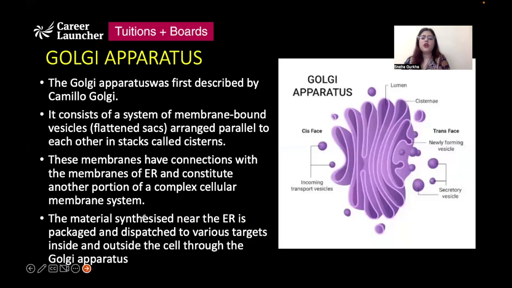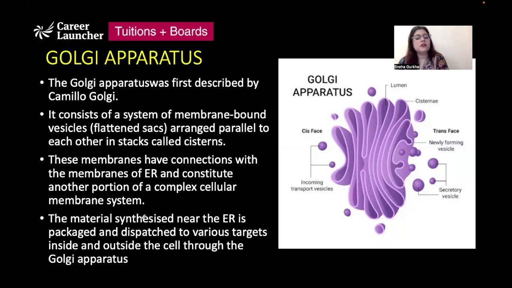Another cell organelle that works in very close association with the endoplasmic reticulum is the Golgi apparatus. Golgi apparatus was first discovered by the scientist Camillo Golgi, after whom the organelle's name has been given.